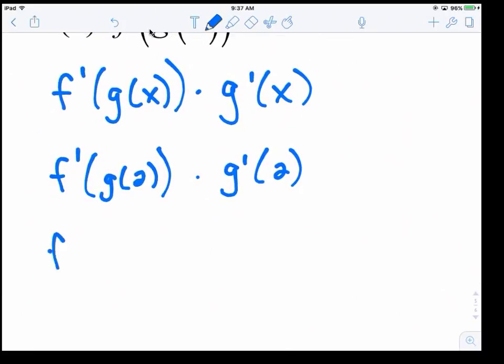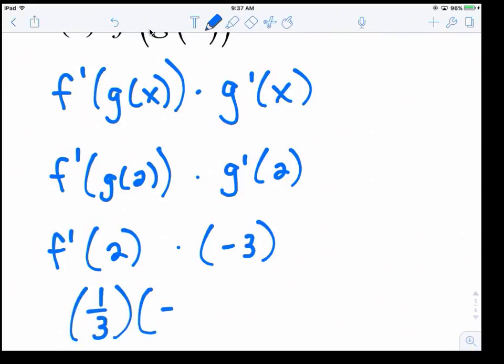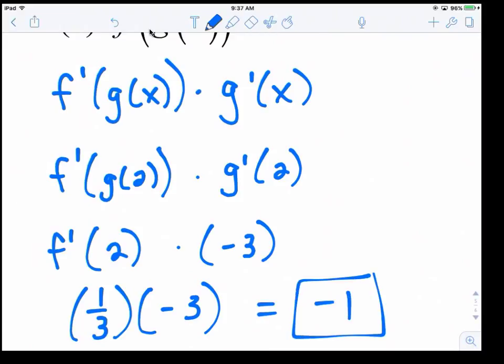So g of 2 I know is what? So I have f prime of 2 times g prime of 2, which I know is negative 3. F prime of 2 is 1/3. So I have 1/3 times negative 3. Good.